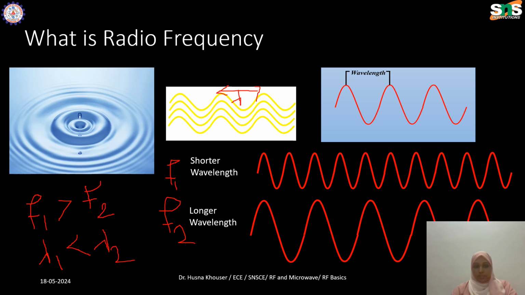So this lambda distance is less, which is the shorter wavelength, and here the wavelength is large, which is the longer wavelength. The applications of radio frequency I'll show in the next slide.